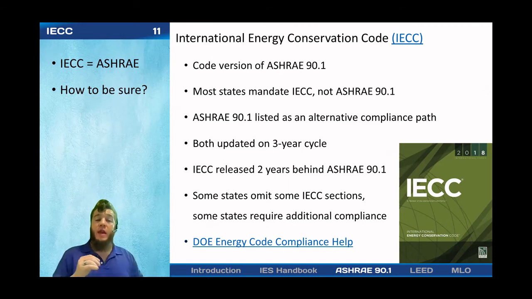So you can select a state and it will take you to a page that details exactly what they've adopted, which version of IECC or ASHRAE, and if there are any additional provisions with respect to reporting or aspects omitted, so that you can see exactly what you need to comply with. And those software tools also available on that same page are going to be able to interact with those specific state-by-state level requirements.